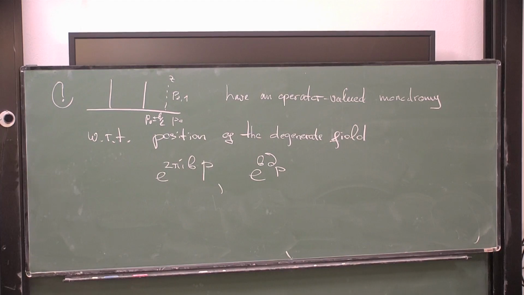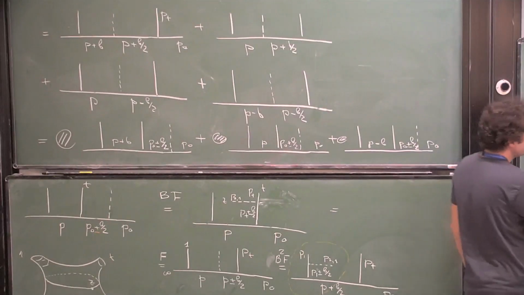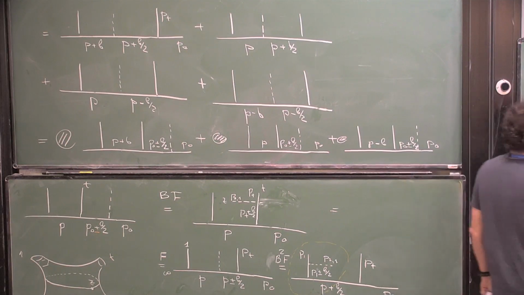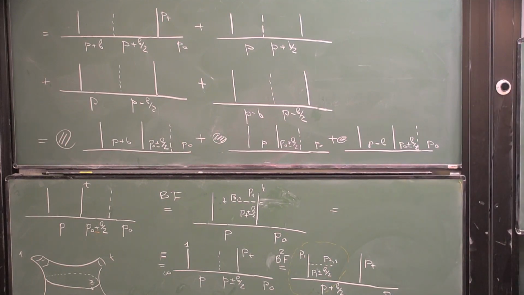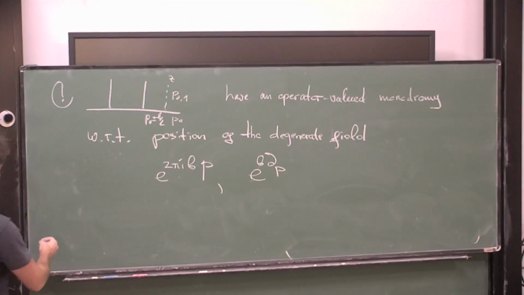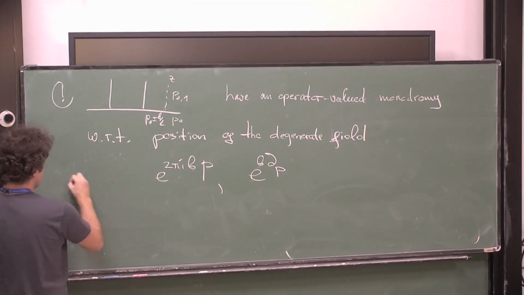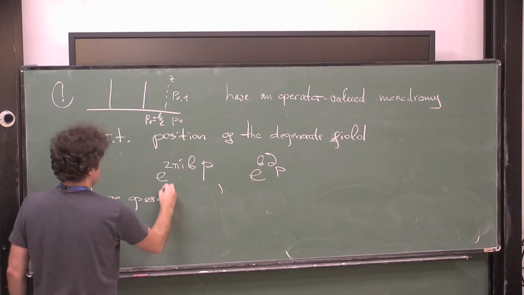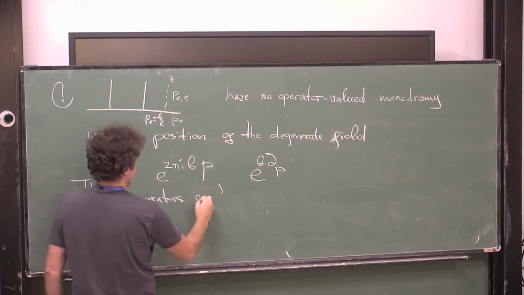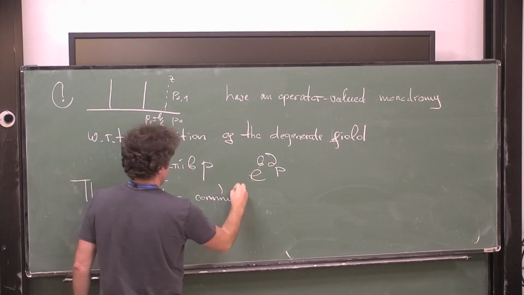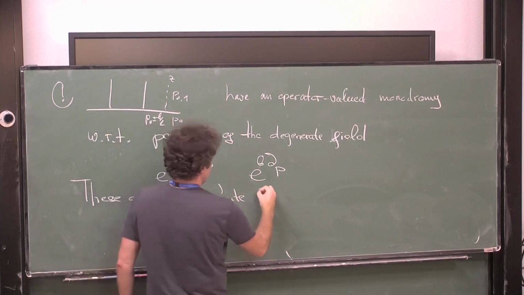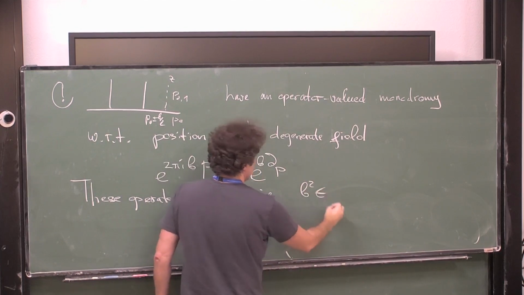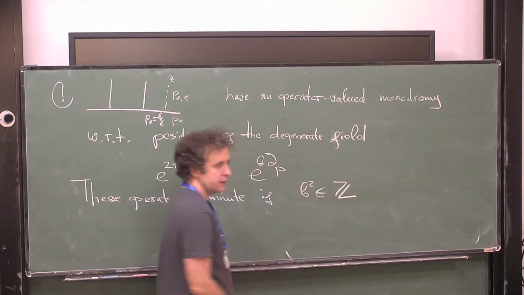Now the crucial point is that these operators commute as far as we impose certain constraints on b, namely, if b squared is an integer number.